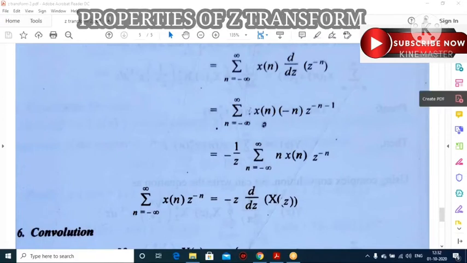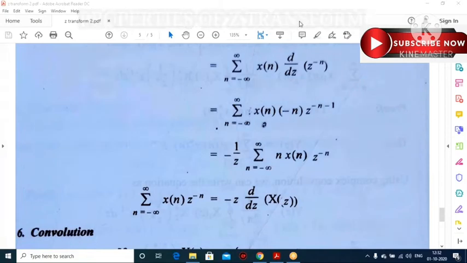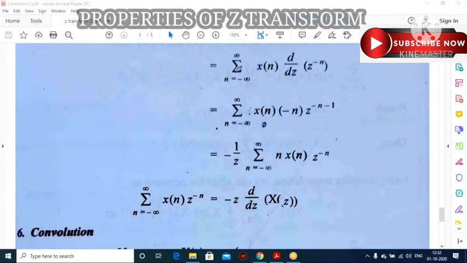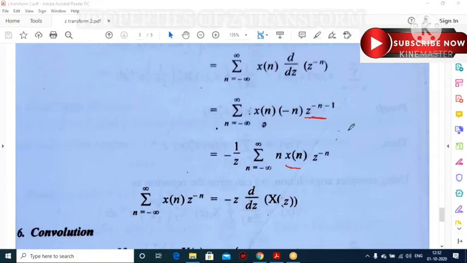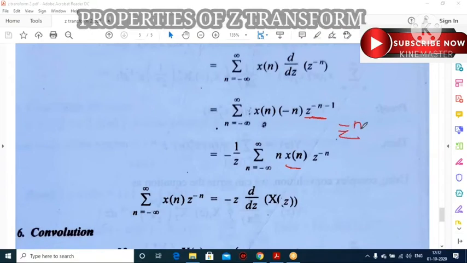So for that purpose, I modify this term. How will you modify? x of n into minus n z power minus n minus 1. First I bring out this minus n outside, so minus n. Now inside we have n into x of n only. So these two terms become z power minus n, the first one is z power minus n, and the second term is z inverse.